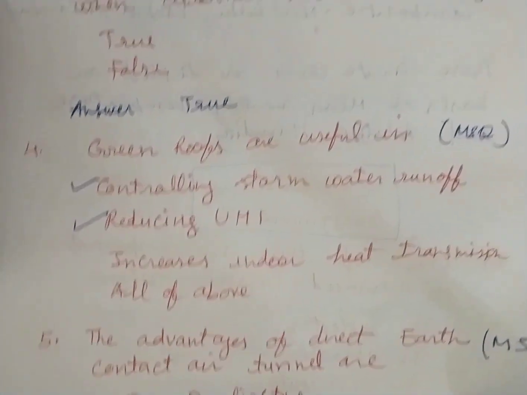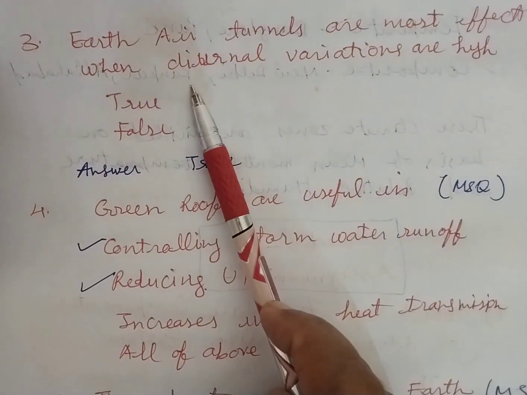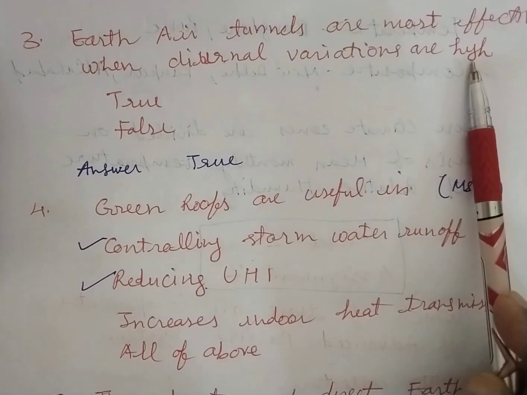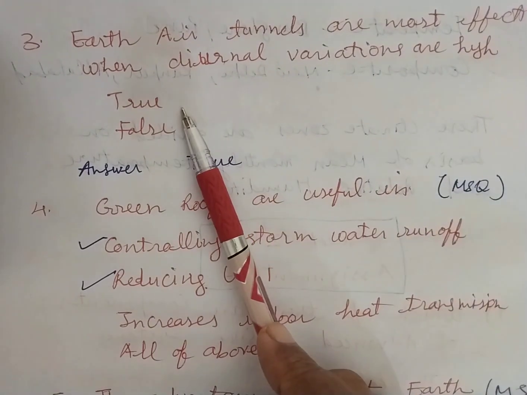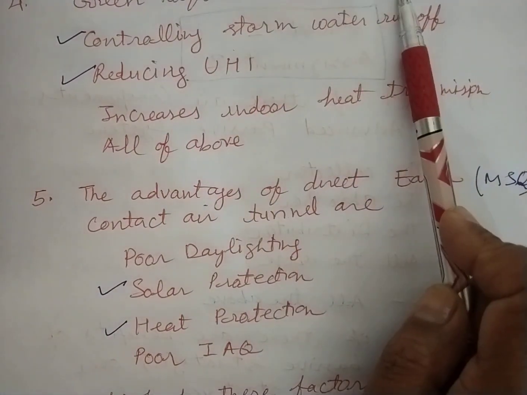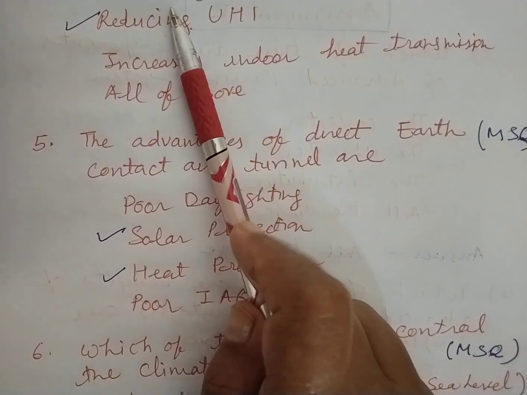Now coming to question number 3 of week 2 assignment. Earth air tunnels are most effective when diurnal variation are high. This is true. So answer is true. Fourth is, green roofs are useful in, this is multi-select question. 4 options are given.